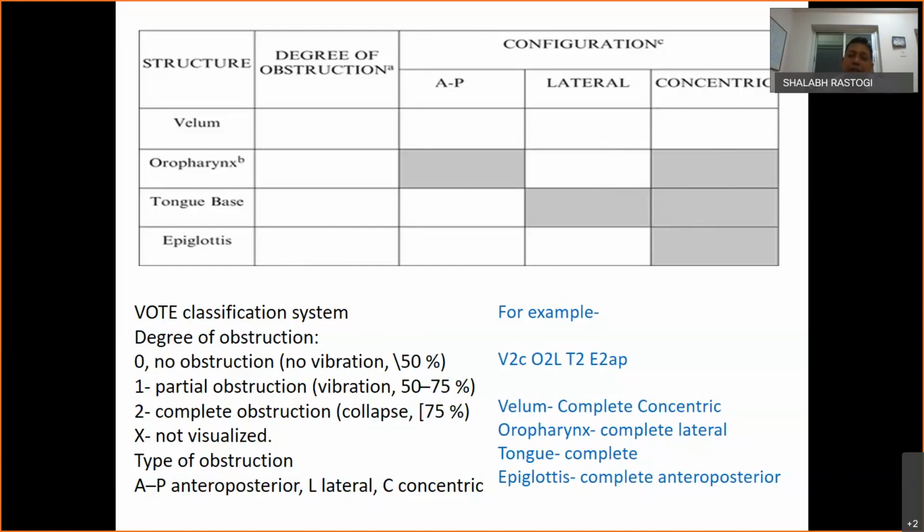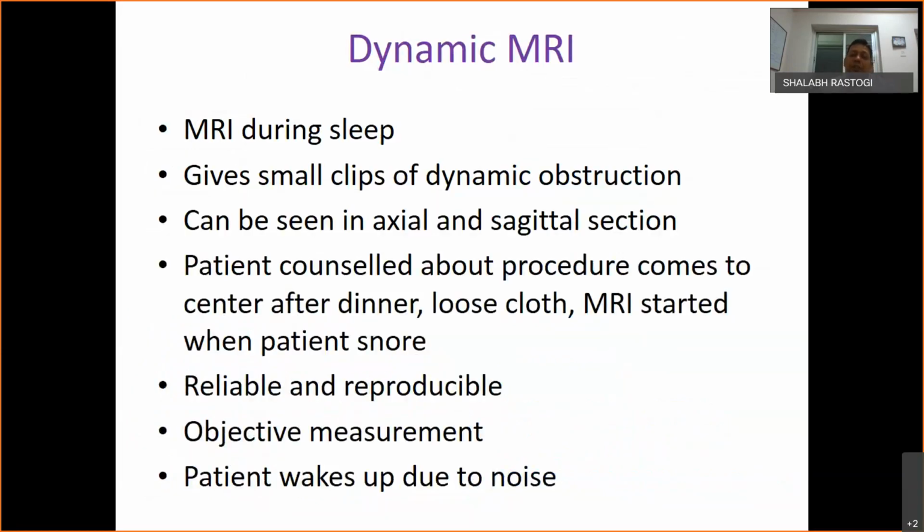It says that velum has complete concentric collapse, oropharynx has a complete lateral collapse, tongue base has a complete collapse, epiglottis has complete anteroposterior collapse. It's a very, very dangerous, hypothetical situation, but such patients are very difficult to treat.